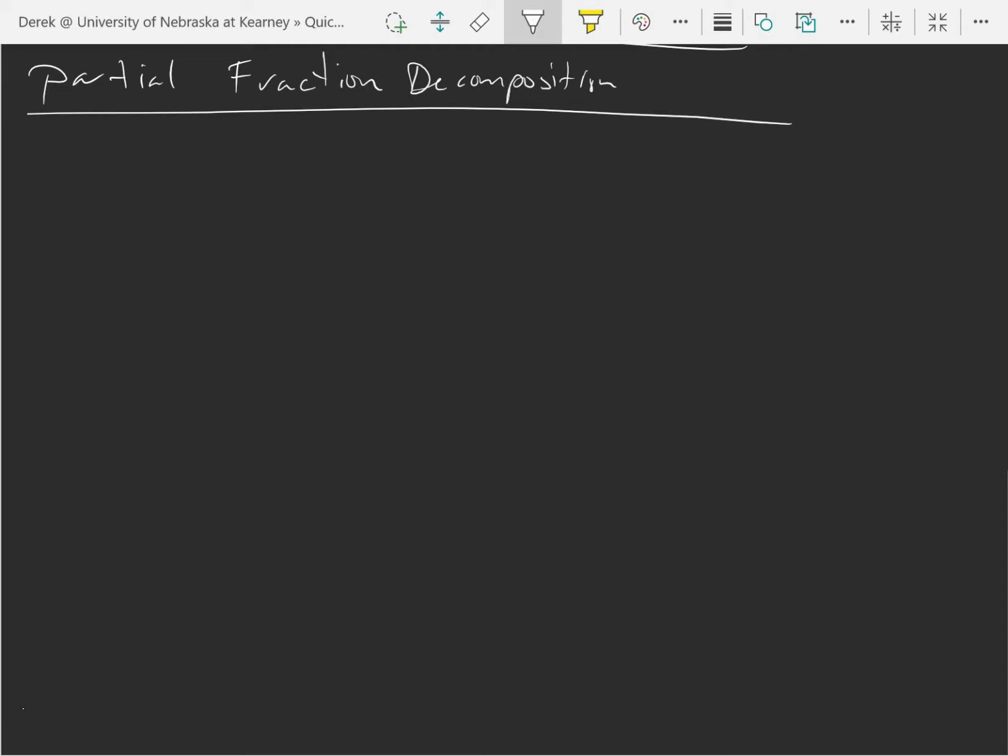So partial fraction decomposition deals with rational functions. And so you have, let's say, n of x for the numerator and d of x for the denominator, or the divisor, and these are both polynomials.